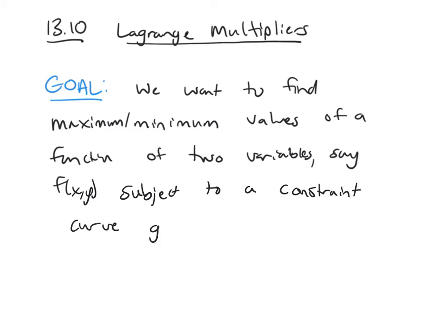It's going to be given by g of xy equals some constant c. Now this is similar to what you did back in like Calculus 1, where you were doing optimization problems. It's similar idea, but now we're talking about functions of more than one variable.